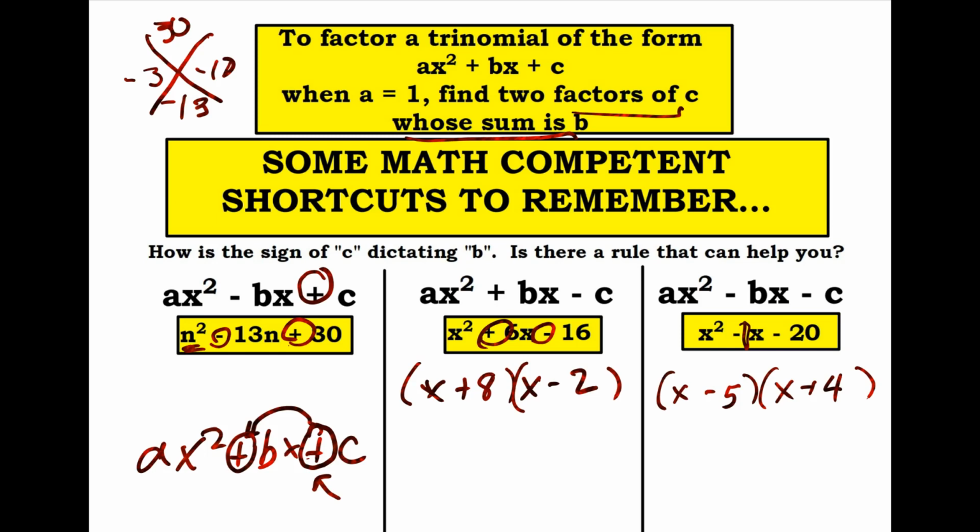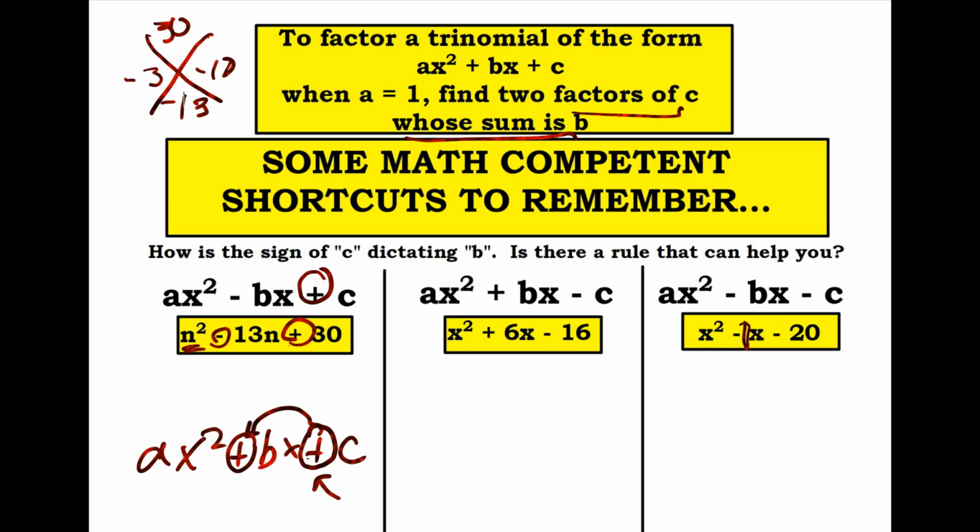What about this? This and this. Different signs. So what if I have different signs? Well, sorry, I should say negative. So what if this is negative? This is saying, oh, we're going to have two different signs, because the only way for you to get a negative by multiplying is having a negative and a positive. You tell me whether the larger number is going to be positive. So the larger of the two has to be positive, or the larger of the two has to be negative.